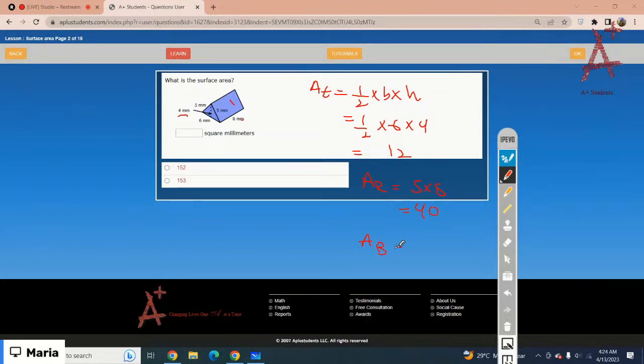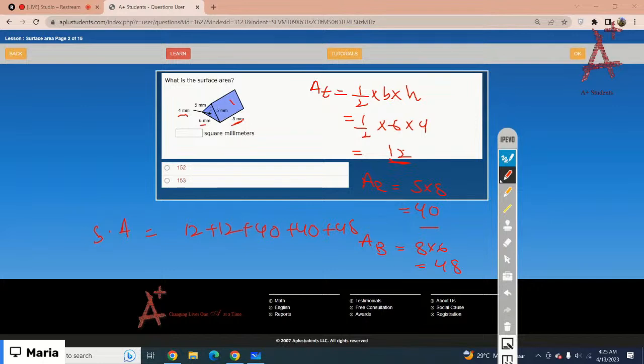Now calculate the area of the base. That has the dimensions 8 times 6, so it would be 48. Got it? Just add them. And make sure you add them twice. Got it? This measurement and this measurement, because they have two identical faces.